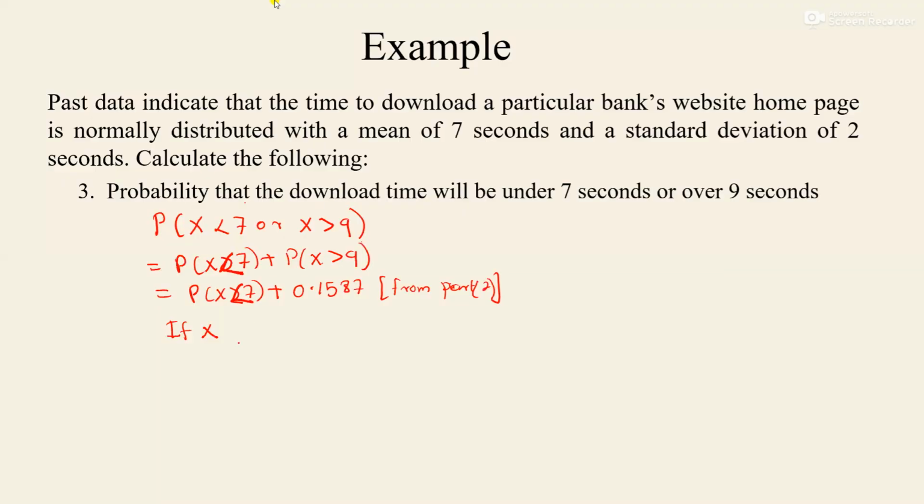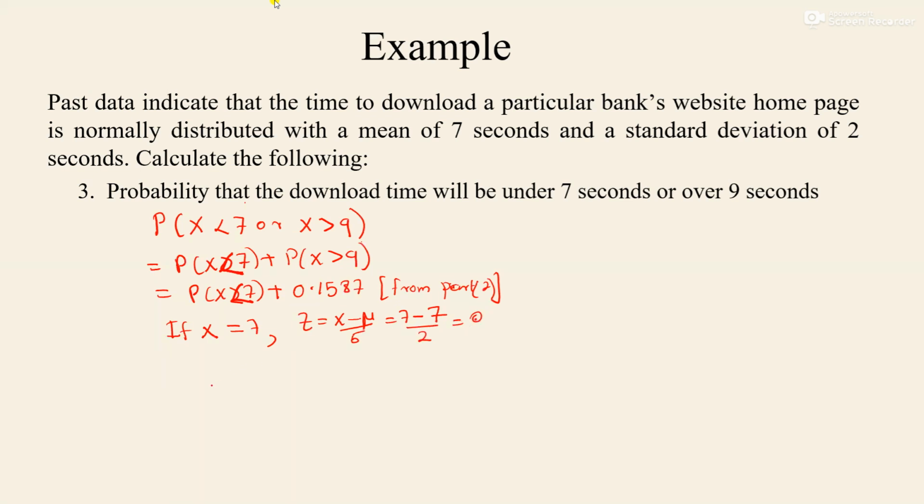When X is equal to 7, then z is equal to x minus mu over sigma. That is 7 minus 7, since mu is also 7, divided by 2, that is 0.